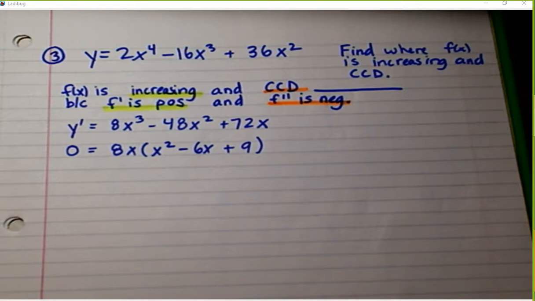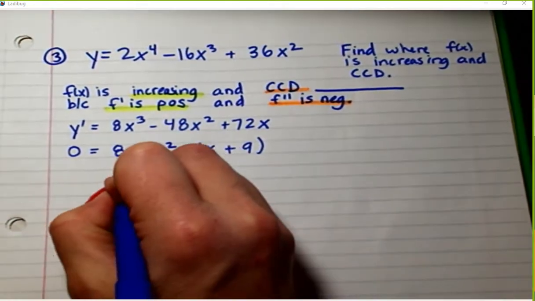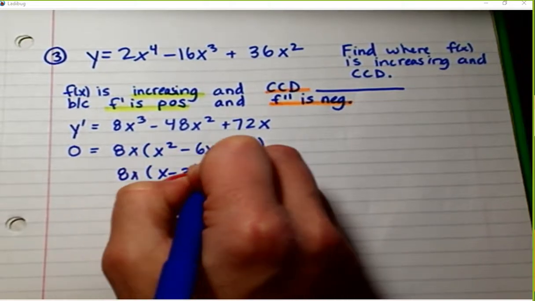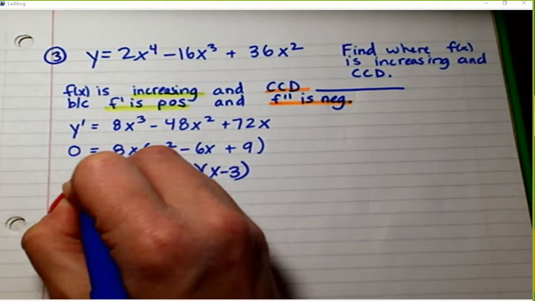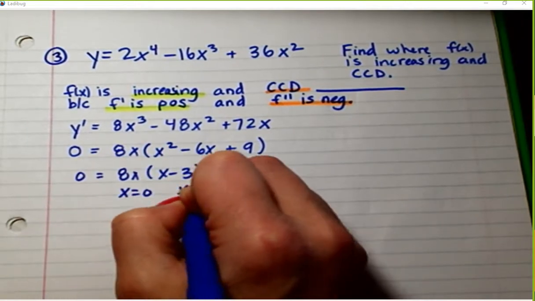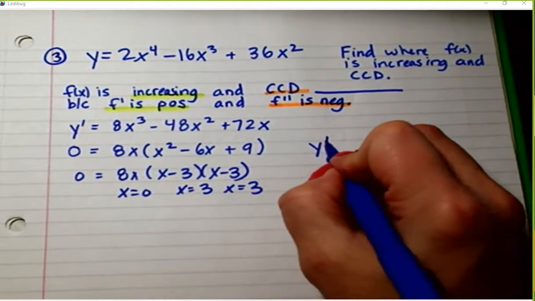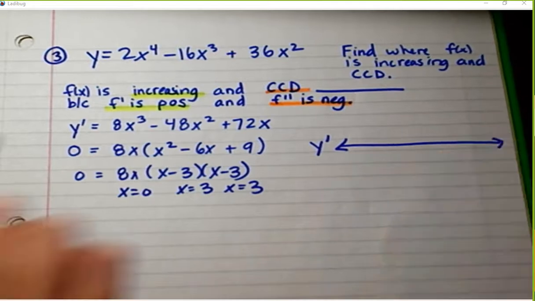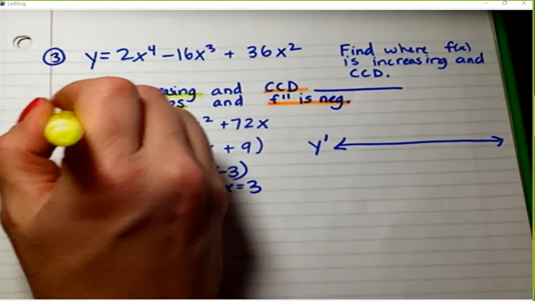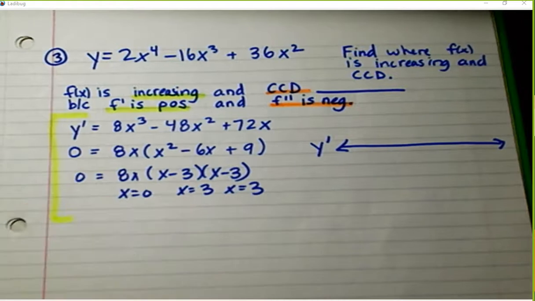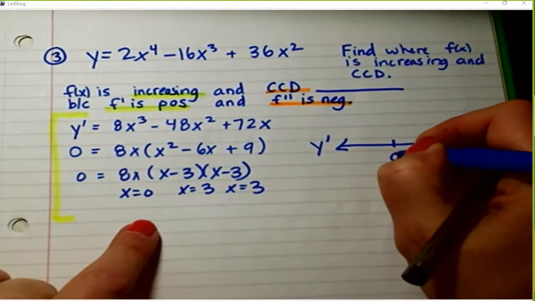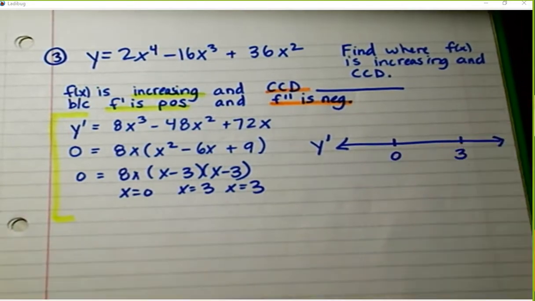Means I have to find the zeros and then label it. Okay, so this is the work that's going with the yellow portion, right? Just the first derivative. I get 0 and 3.